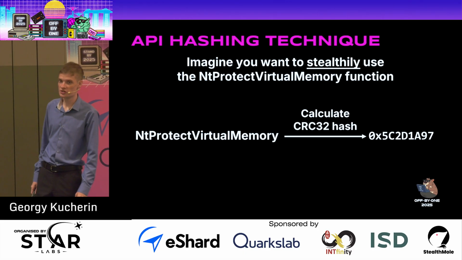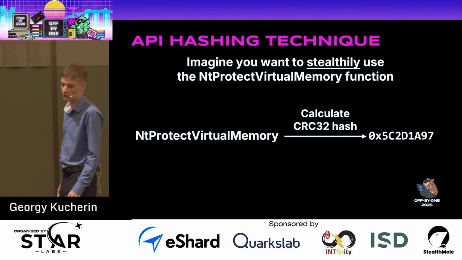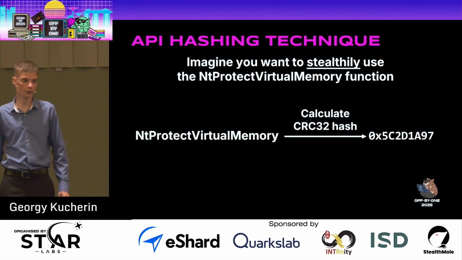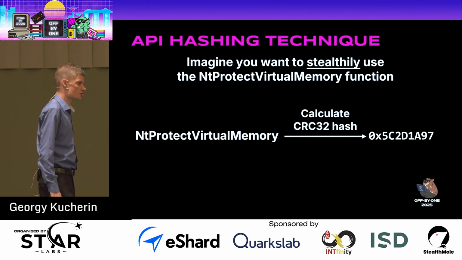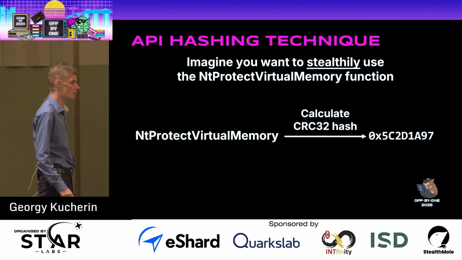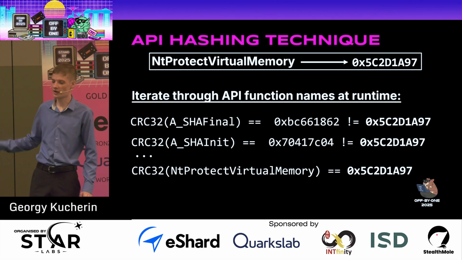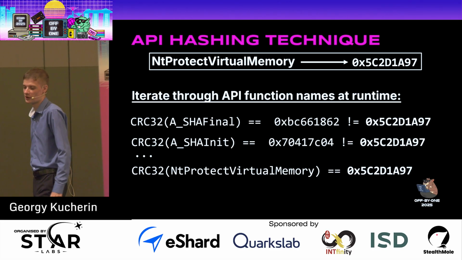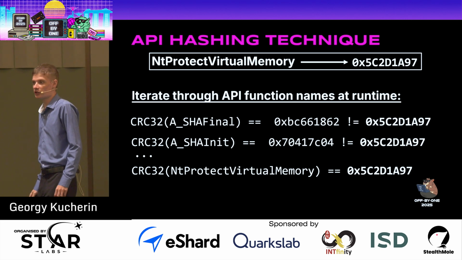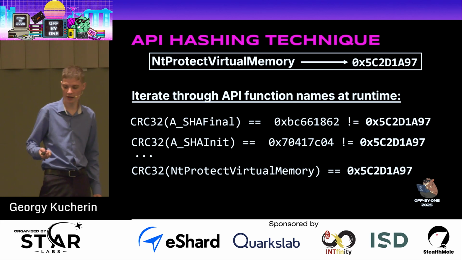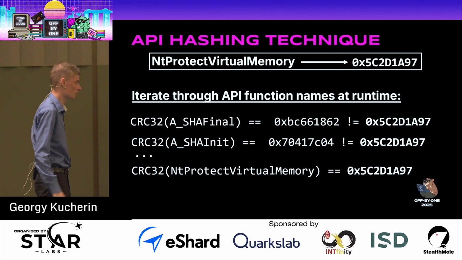How it works is, let's say you want to call the NtProtectVirtualMemory function stealthily. What you do is calculate the CRC32 hash of its name and store it somewhere in the binary. Then, at runtime, you iterate through available Windows API functions, and you take a hash of the name of each function.